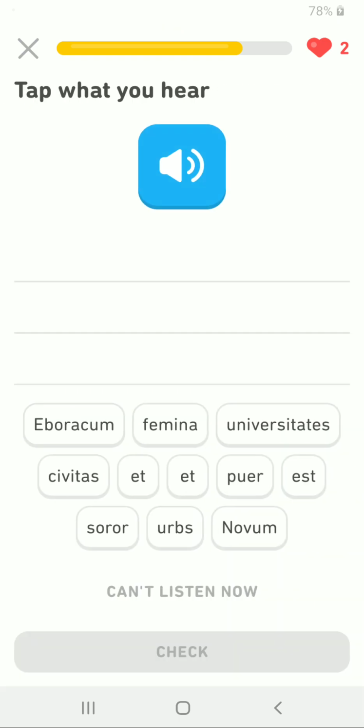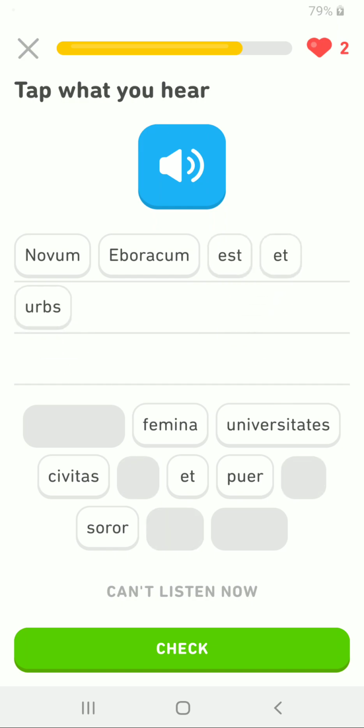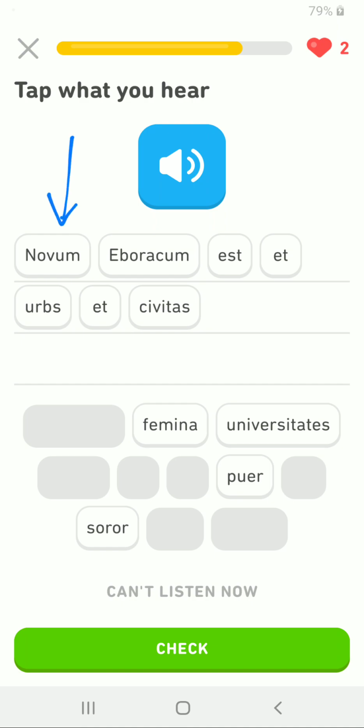Novum Eboracum est et urbs et civitas. Okay, this is a great sentence because we have the nominative form here: Novum Eboracum, because very often we see in New York, but not New York. Now we're talking about the city, so we're using the name Novum Eboracum.